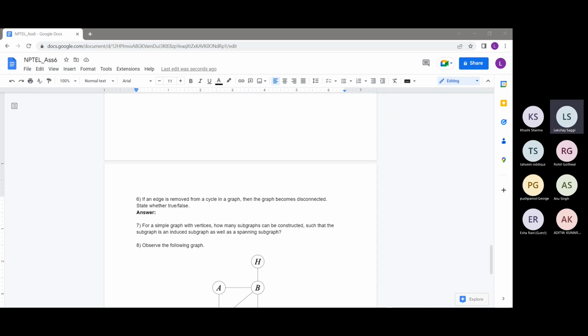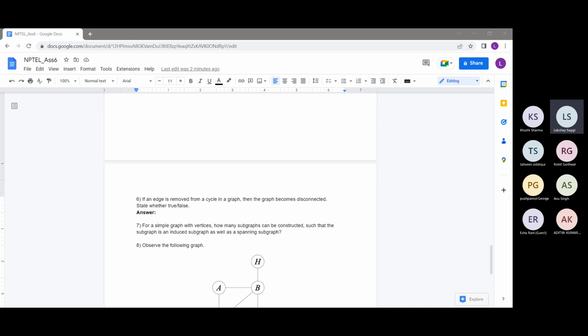So intuitively, why you can see that this won't be the case? Suppose I have a cycle of vertices, right? In a cycle, some edges are forming a cycle. Khushi has written false, and Khushi has written the correct answer. So maybe I'll just explain it basically. Suppose we have a cycle of edges in a graph, and one of those edges gets deleted.